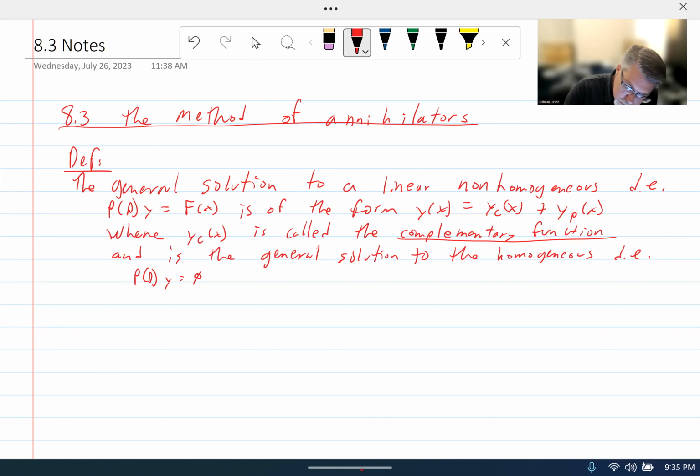And yp of x is a particular solution of the non-homogeneous equation.